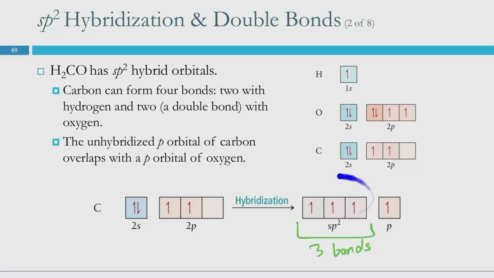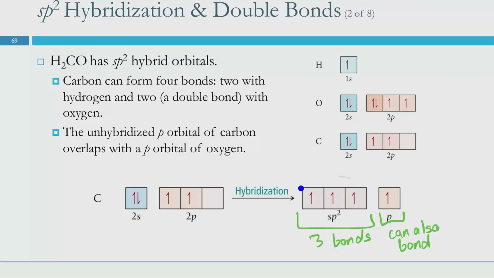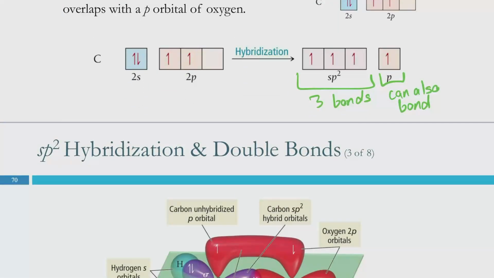So we can get 3 bonds with our sp2, and our unhybridized p orbital can also bond. These 3 bonds are going to be spread out in that Y shape, that trigonal planar shape. But our p unhybridized orbital is also going to be able to bond.